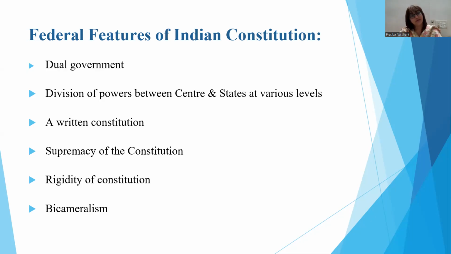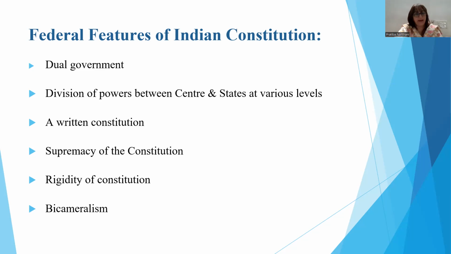The fifth feature, rigidity of the Constitution. As I said, because we have a written Constitution, we also have a rigid Constitution. Fortunately, not an extremely rigid constitution. We have maintained a balance between rigidity and flexibility, which we have already discussed. But this rigidity component has, in a way, protected our states and the autonomy of the states.